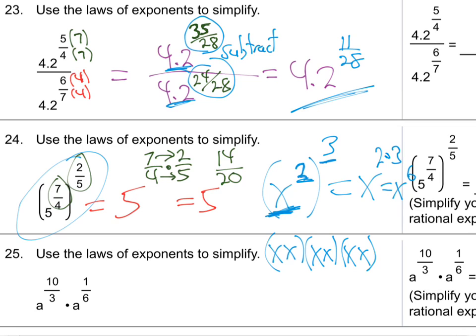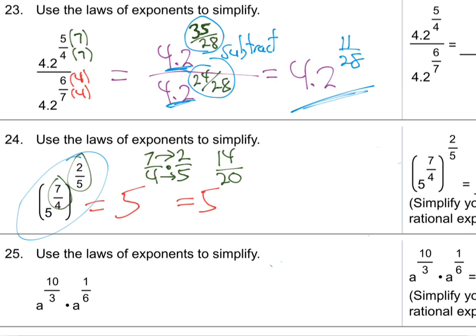I could have just cross-canceled, that would have been quicker, but either way is fine. Divide by 2, top and bottom, and I get what? 7/10. 5 to the 7/10.